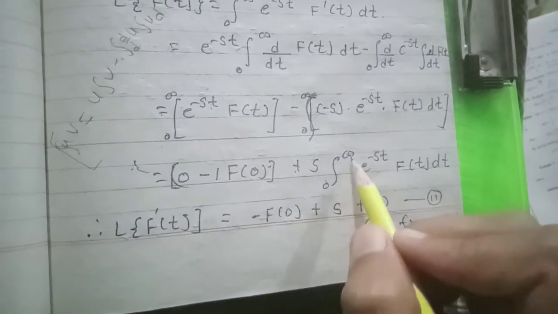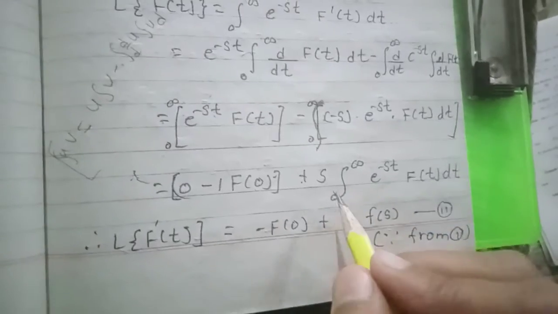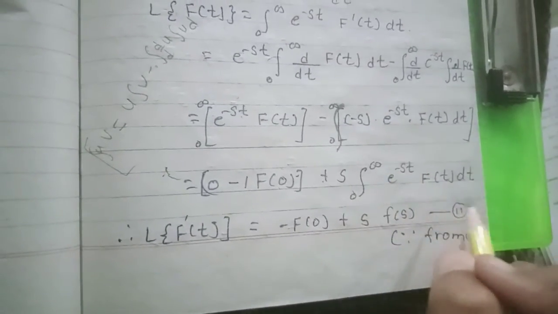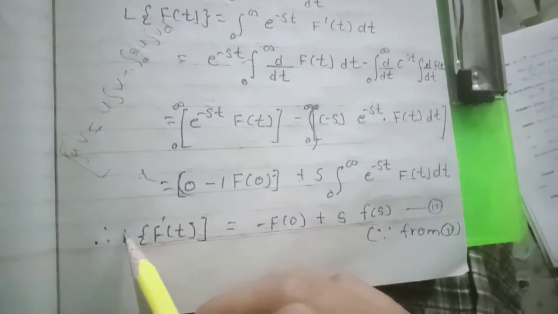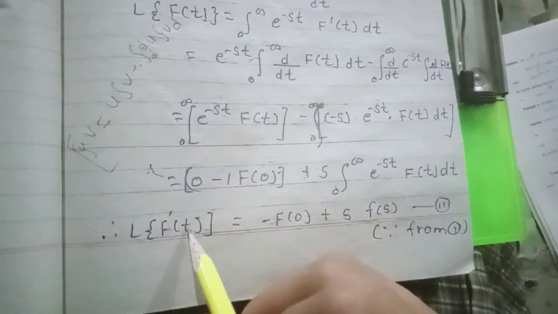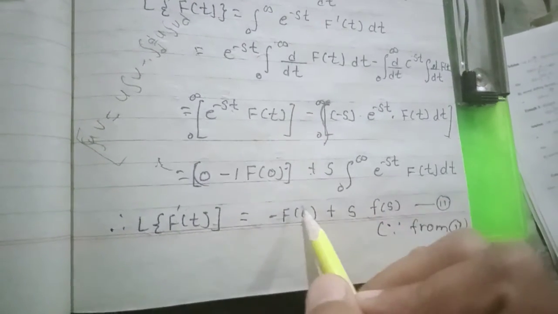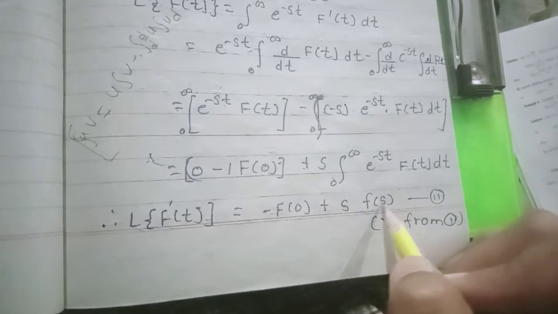So integration 0 to infinity e raised to minus st f of t dt. We know this is F of s. So the Laplace transform of f dash of t is equal to minus f of 0 plus s F of s.